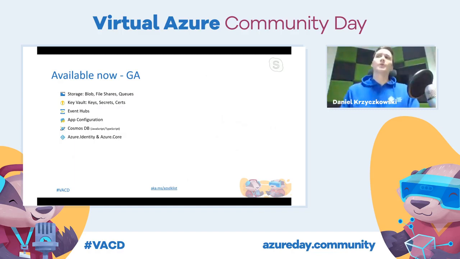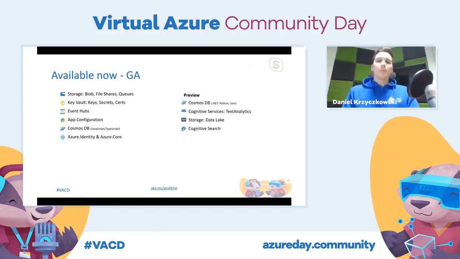And this is a really cool feature. I will show it soon in my presentation because there is a consistent way of connecting to Key Vault using this Azure SDK. And of course, some other SDKs like Event Hubs, App Configuration, Cosmos DB, right now for JavaScript and TypeScript, and Azure Identity and Azure Core. Those libraries below, Azure Identity and Core, I would say they are like a basic pillar of all the libraries above. And I will also talk about them.